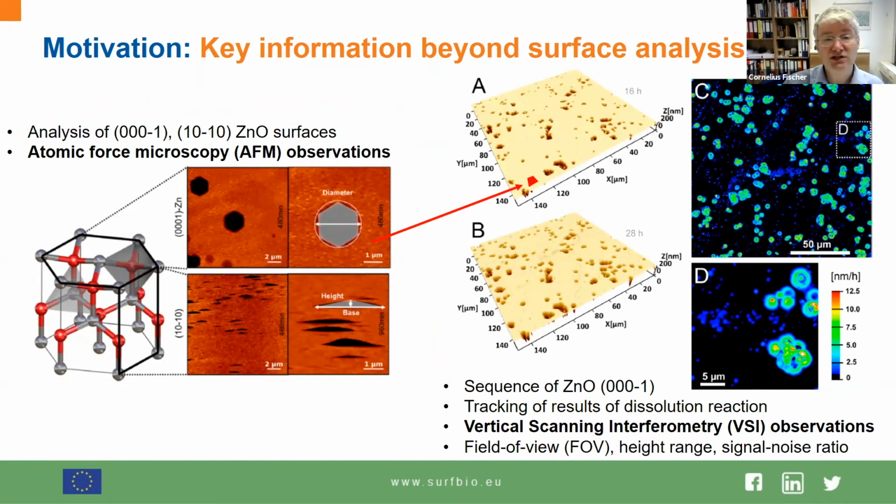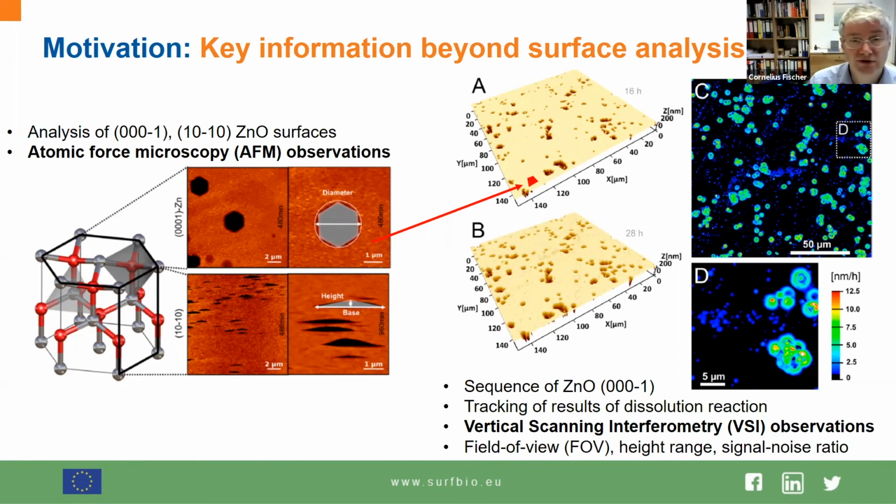So it's not just about monitoring the evolution of surface topography. This figure A, upper right side, is dissolution after 16 hours, and then we have dissolution after 28 hours.